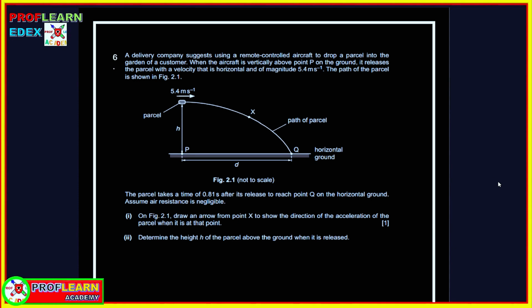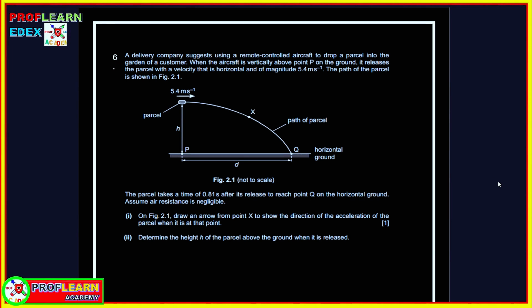What we need to understand is that horizontal motion is constant throughout, but vertical motion is affected by gravity. By the time the parcel was being dropped, the horizontal component of the velocity was 5.4, but the initial vertical velocity was 0 meters per second.